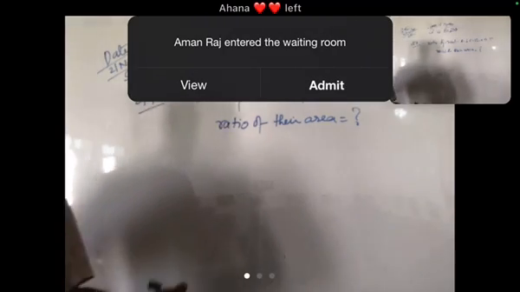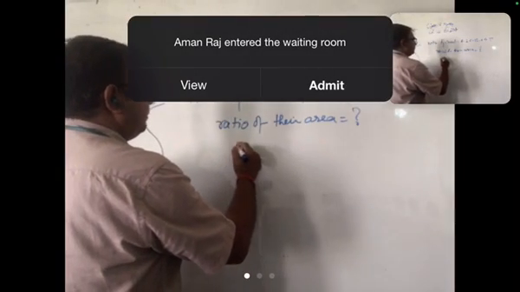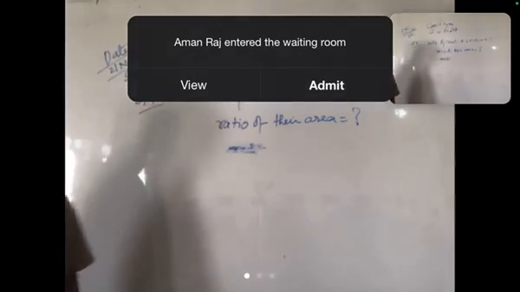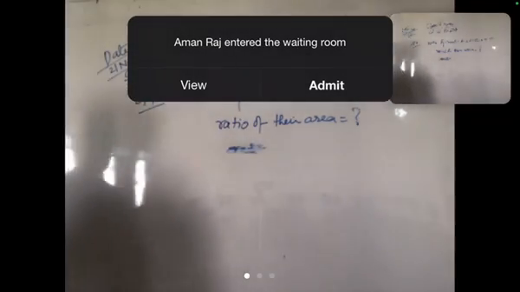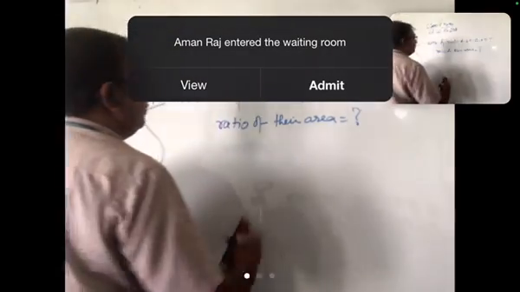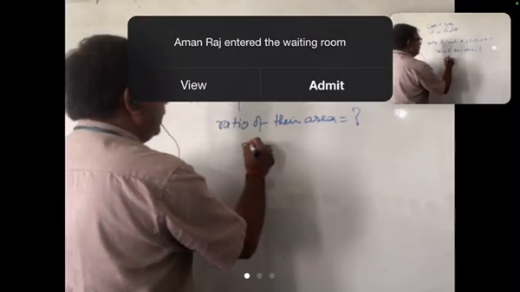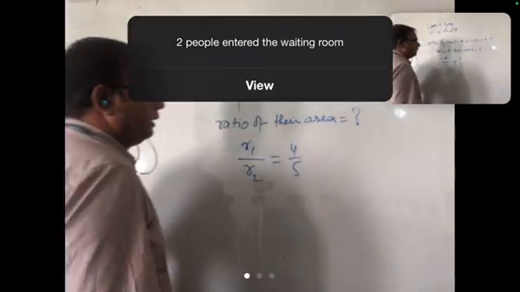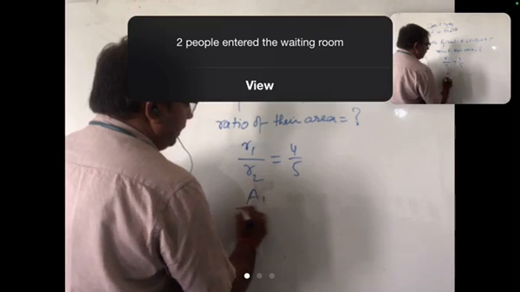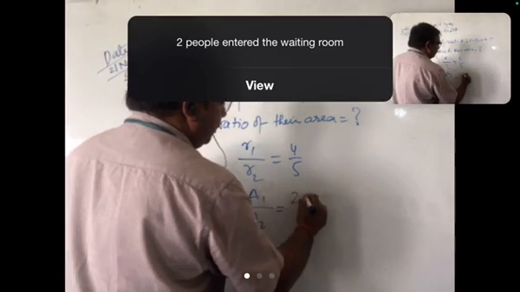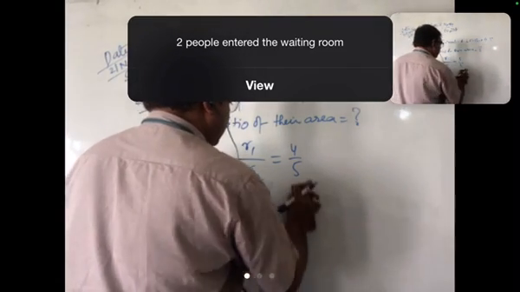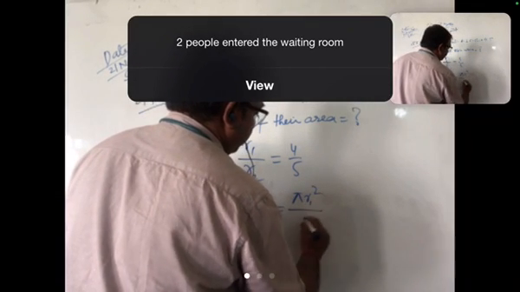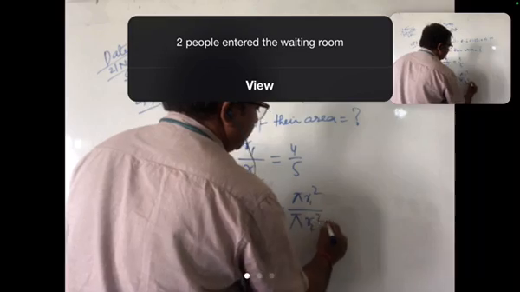Now see, we know that we can write R1 upon R2 is equal to 4 upon 5. Now, the area 1 upon area 2 is equal to pi r1 square upon pi r2 square.